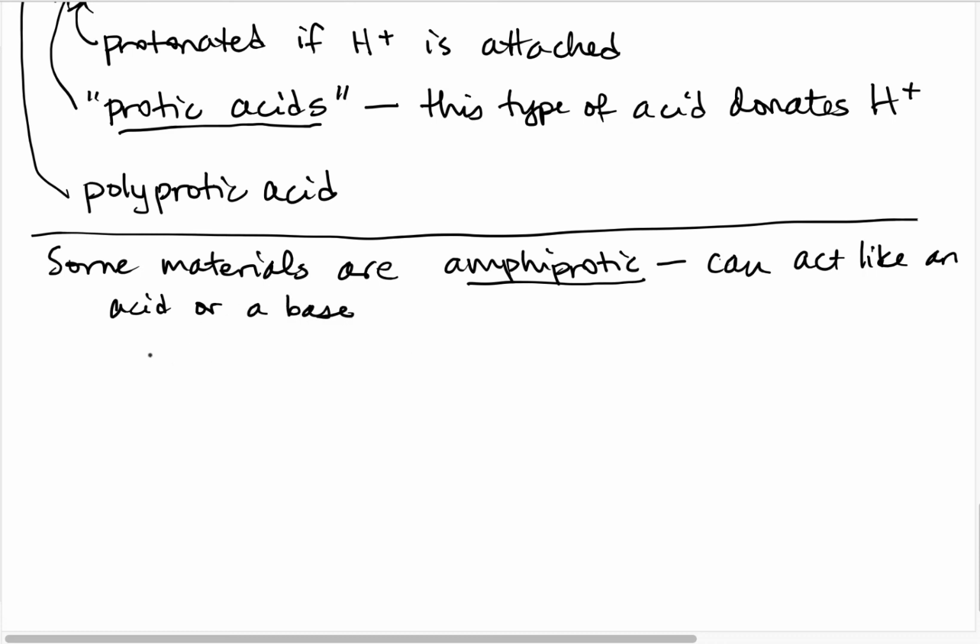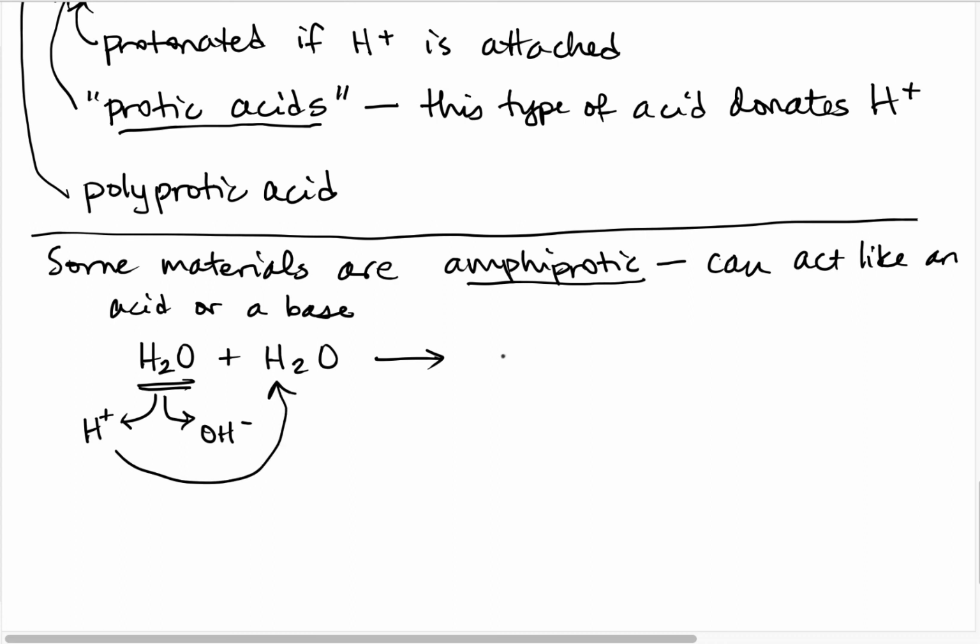So our main example of this is water. When we have water in solution, one of these waters could donate an H plus and dissociate like this, and then the other water can accept it, making H3O plus and OH minus. And so this is an example of an amphiprotic behavior. There are not very many out there, so this is the main one that we talk about.